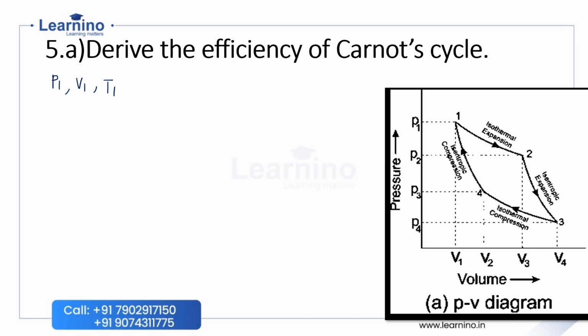Up to state 3 it is expanding adiabatically, and it is represented by 2, 3 in my PV diagram. And the pressure, volume and temperature at this state are written as P3, V3 and T3.